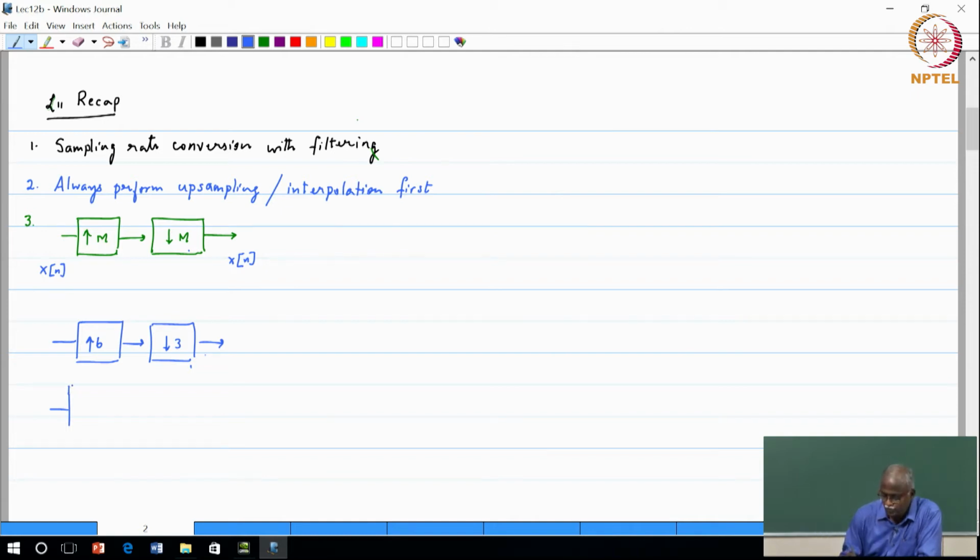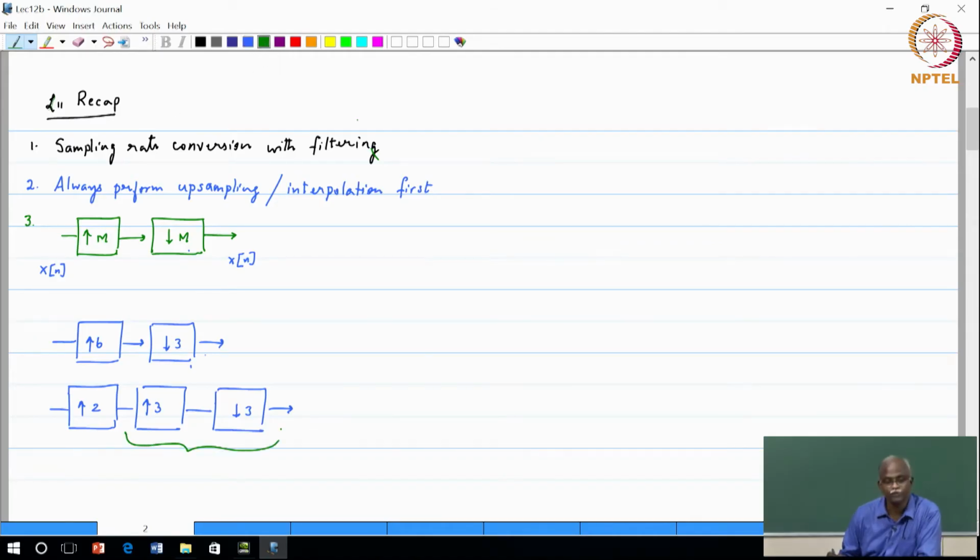Now this can also be done in 2 stages: upsampling by a factor of 2, upsampling by a factor of 3, followed by downsampling by a factor of 3. And the result that we have shown says that the combination of these two cancel each other. So effectively the upsampling by 3 and downsampling by 3 is effectively upsampling by a factor of 2.